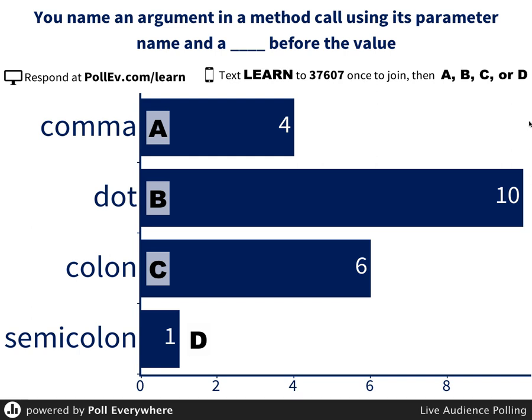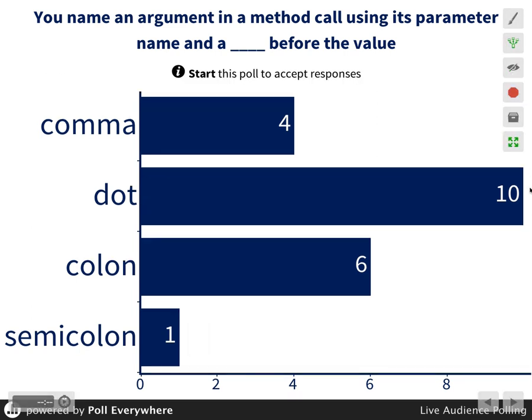Okay, that's enough answers. We're looking at about 21 answers. And of course, it's the colon that's the correct answer, because it's the same thing as when you declare a variable. In many other languages, when you declare a variable, you use the data type, colon, and the variable name.